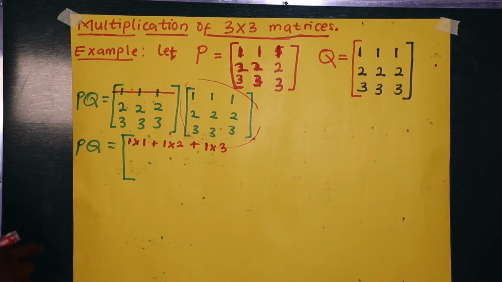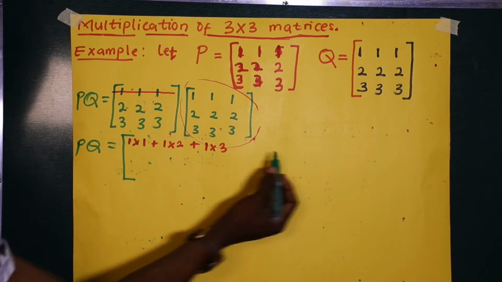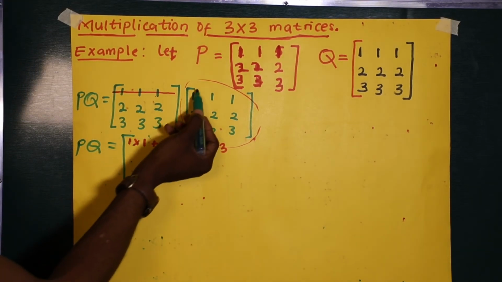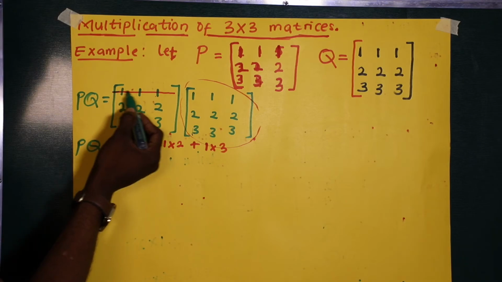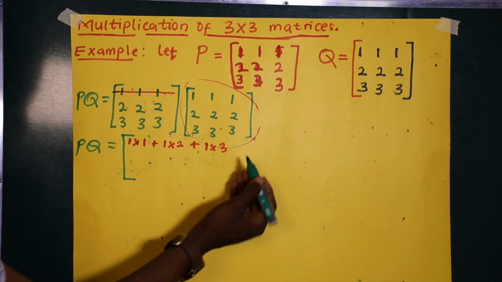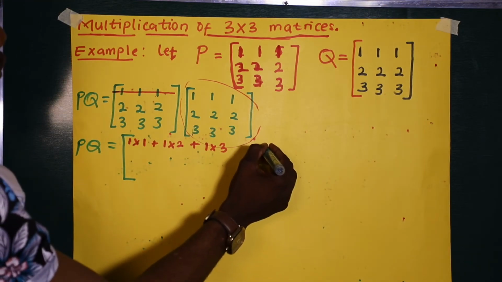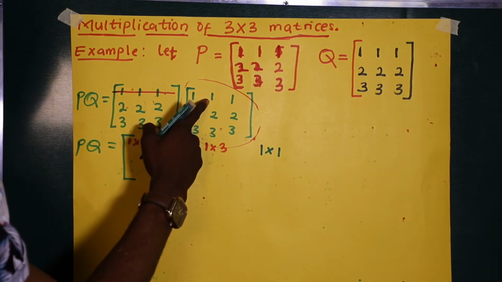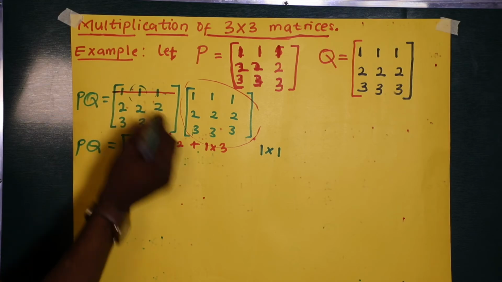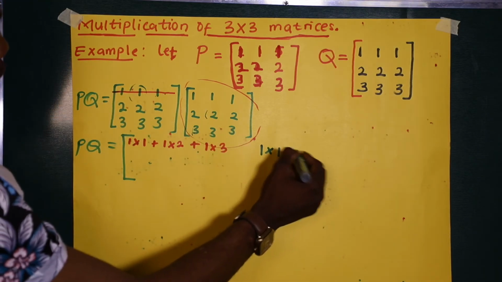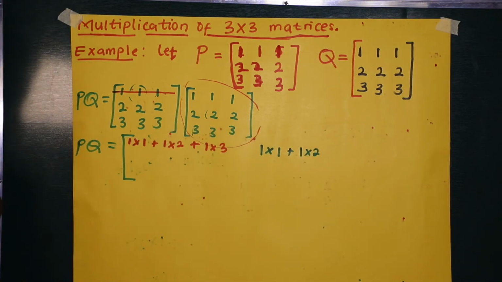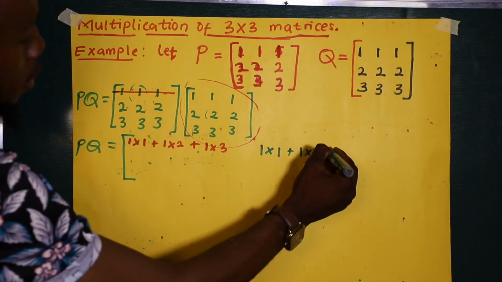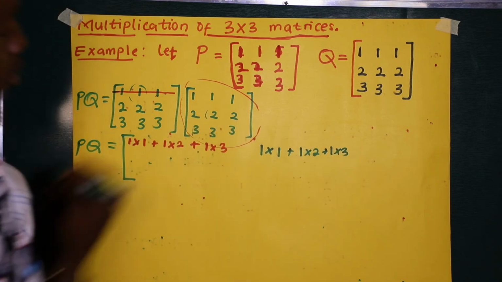Then you make a space, you shift, and still with this row, you finish this row with this column, then again this row with this column by making a space. 1 times 1, plus 1 times 2, plus 1 times 3.